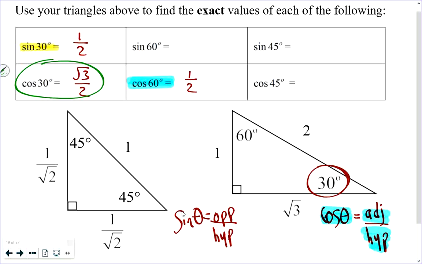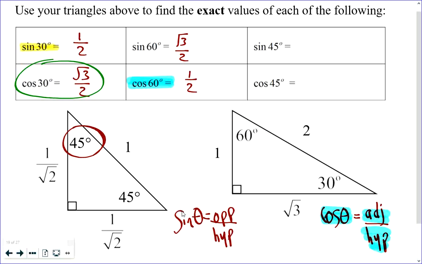What is sine of 60? Well, we go over to the 60-degree angle. Sine is opposite over hypotenuse. Well, opposite's root 3. We're going to get root 3 over 2. What is sine of 45? Well, now we're looking at this 45-degree angle.